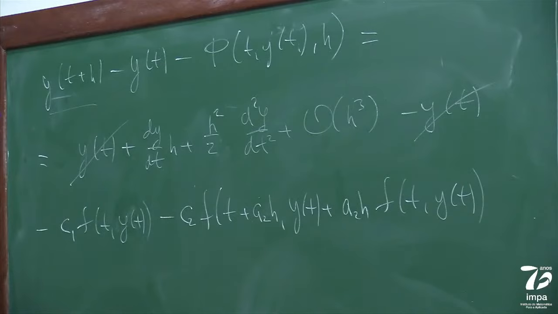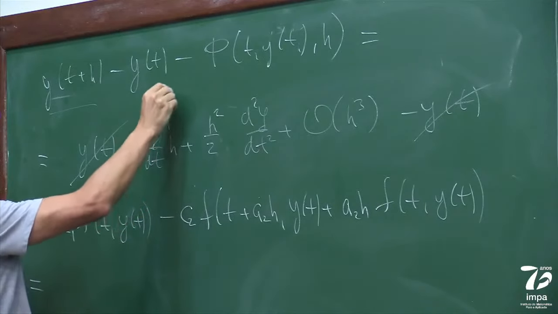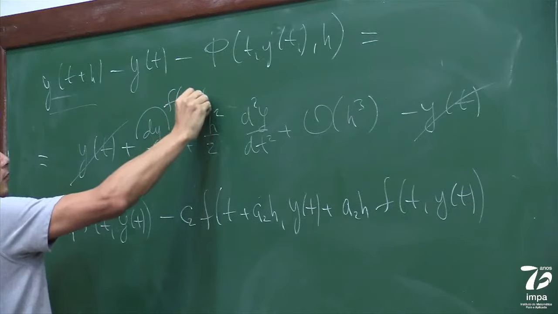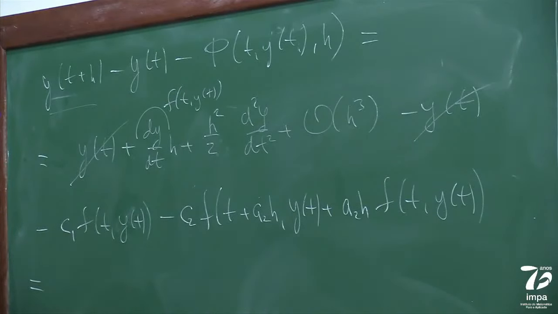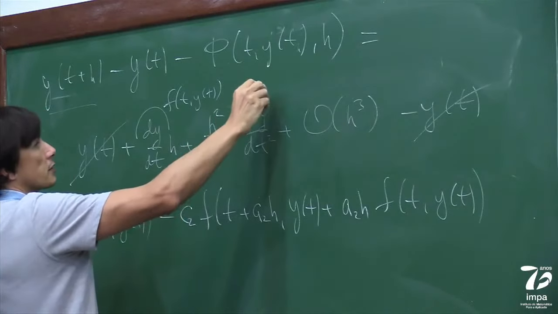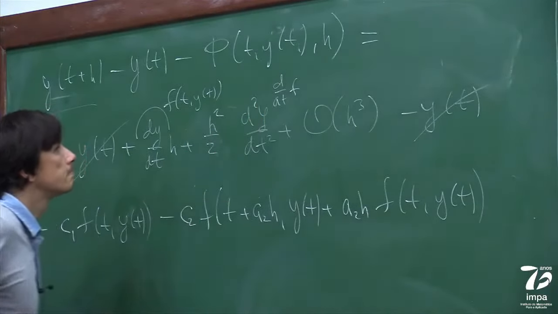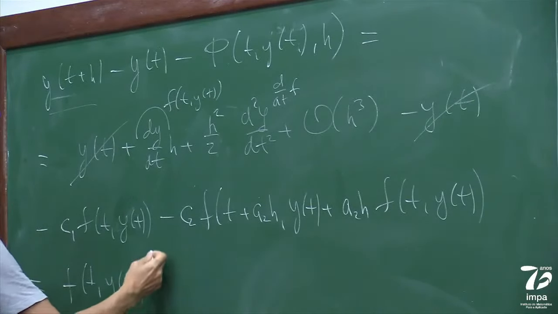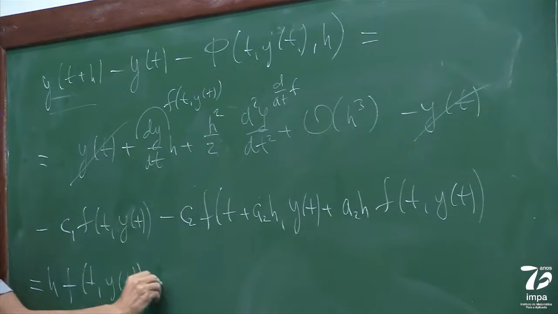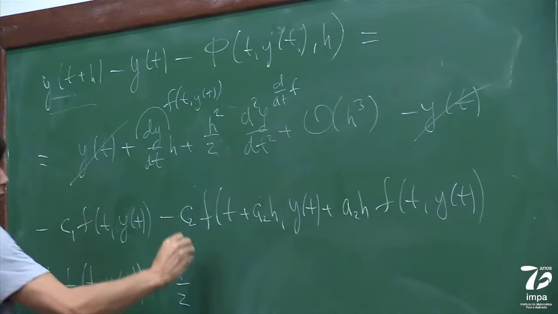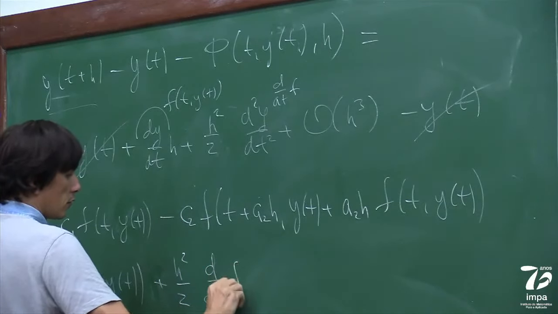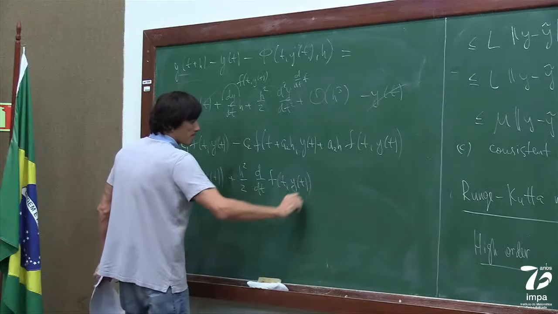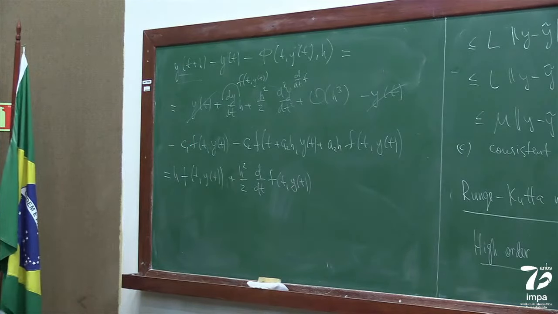Now remember that this is f, and this is a derivative of f, so exactly, this is d_t f. So the first term is f(t, y(t)) h, plus h squared by 2 derivative of f, plus O of h cubed, minus this.